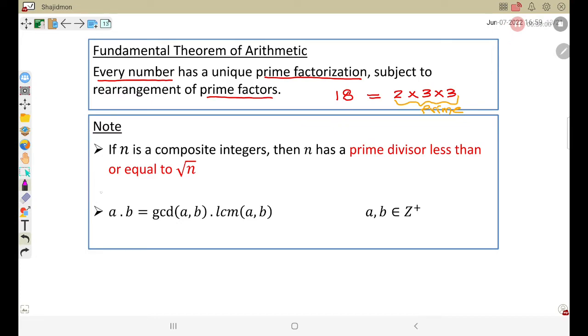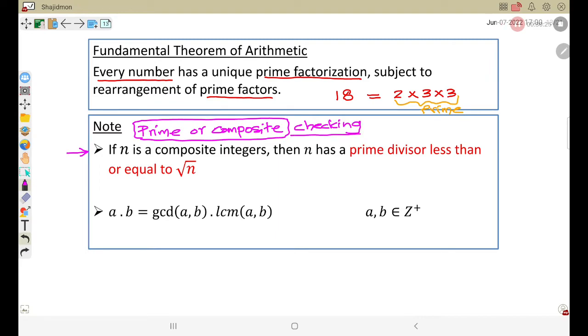Now these two are very important notes. See the first note. This is the first rule, for checking whether a number is prime or composite. We can check by using this rule.